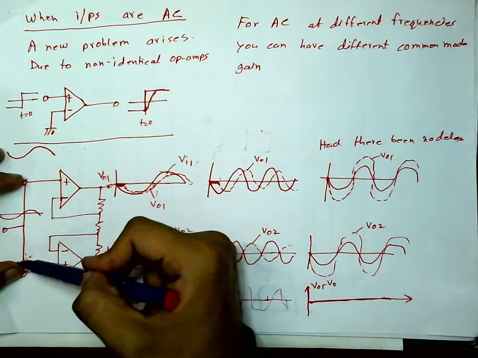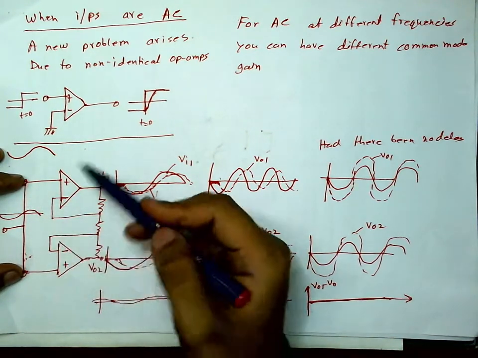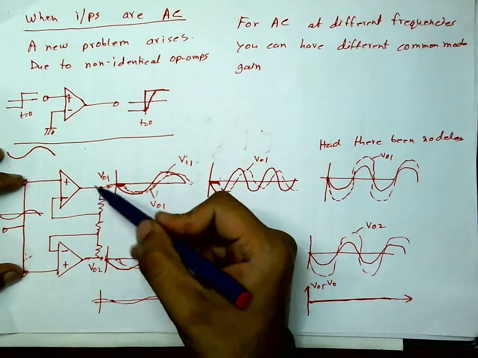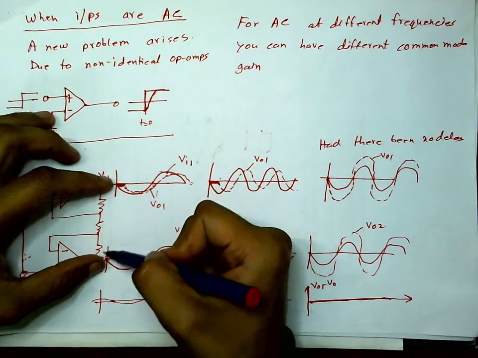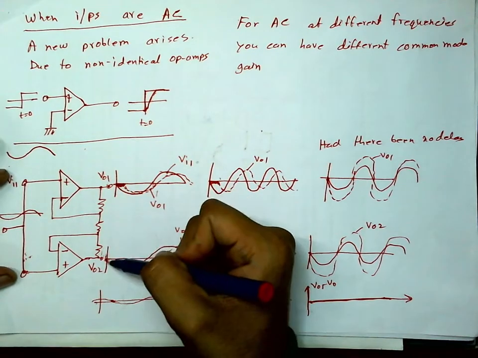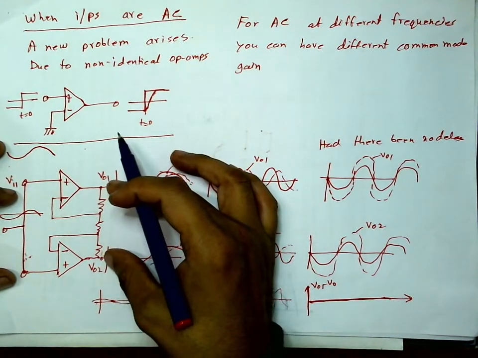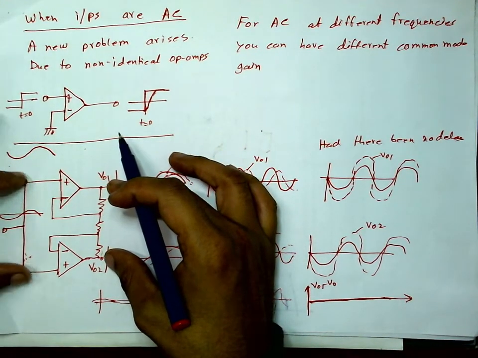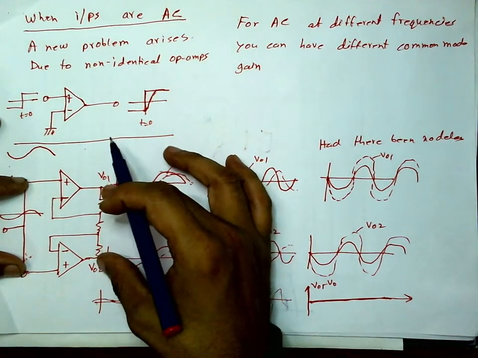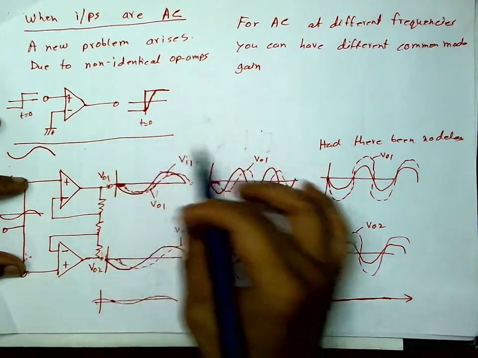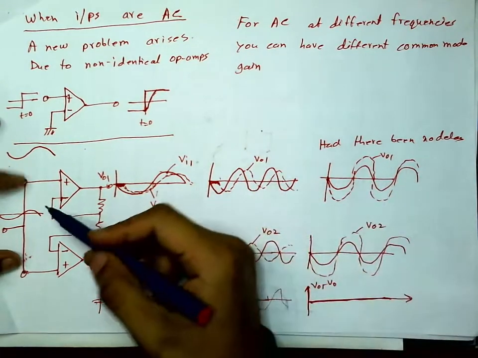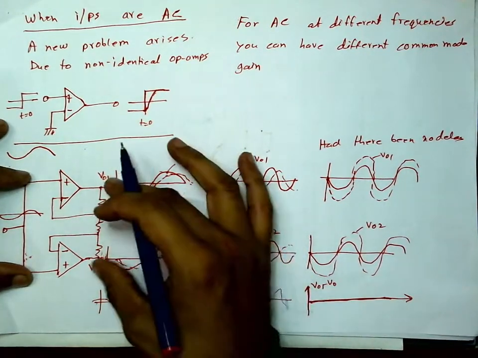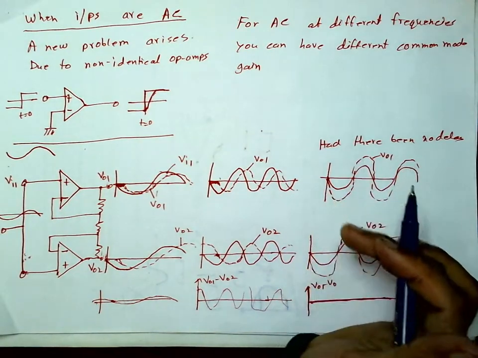But if these voltages are varying fast, then these 2 voltages are not able to follow quite at the same speed, and therefore there will be a difference between these 2, and they will not be at the same voltage. Although this is at the same voltage, this will not be, and then when this is fed to the second stage, that will be amplified again. So although the inputs are at the same voltage, the output will not be 0.